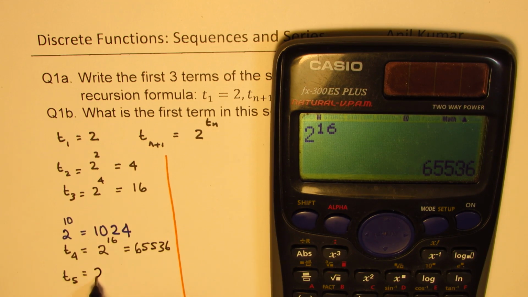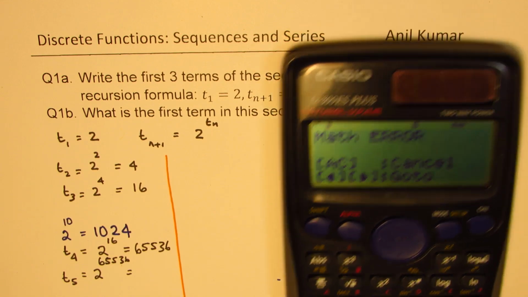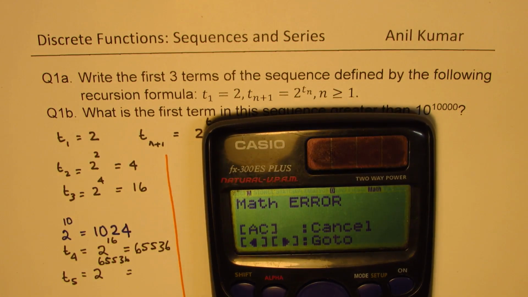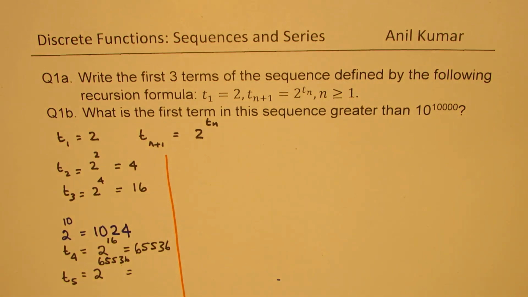Okay, let's continue and find what T5 is equal to. Well, that should be 2 to the power of 65536. And if I do 2 to the power of 65536, what do I get? I get an error, right? So using the calculator, I get an error. So I'm not very sure what this number is. Definitely, this number is a huge number.